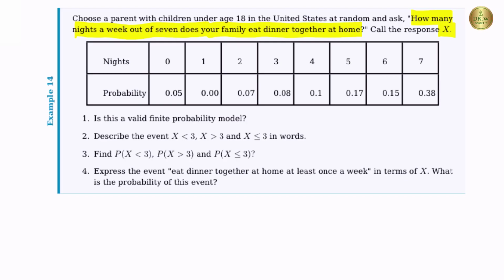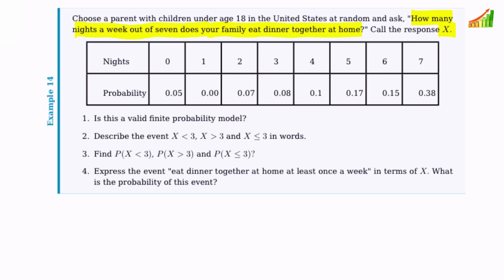Maybe 1, maybe 0, maybe 6, 7, but nobody answers like 2.29 days or 4.7 days. That means we don't use decimals to answer this question. Therefore, x values are 0 to 7. That is discrete, so this is a discrete random variable.